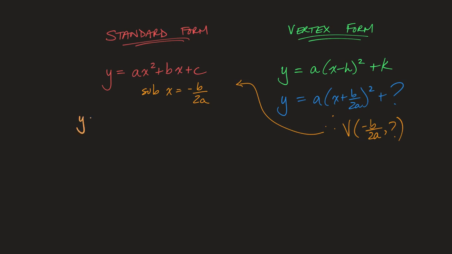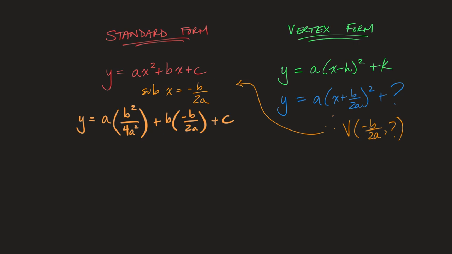So if I now take -b/2a and sub it in everywhere for my x, I'm going to square it in my first term. I now need to take my b, sub in my -b/2a. There we go.